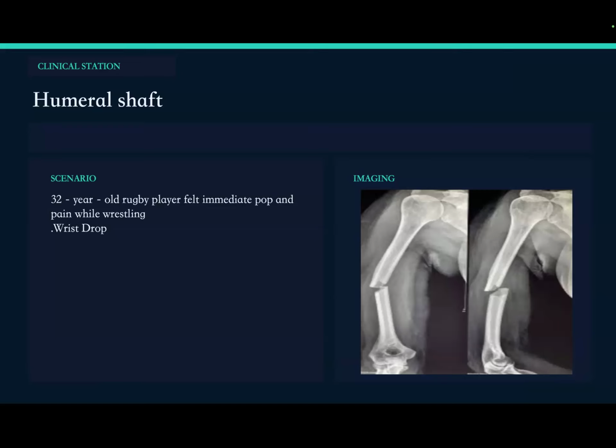So what I can see, this is AP and lateral radiograph for the right humerus for a skeletally mature patient without patient demographics showing an oblique fracture of the mid shaft of the right humerus. I cannot see any other fractures.